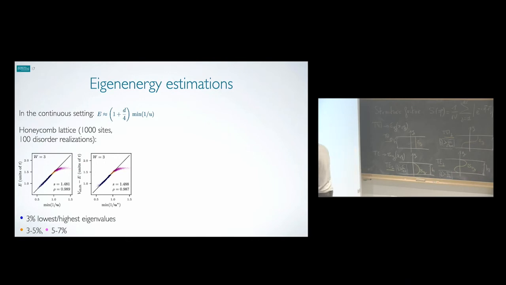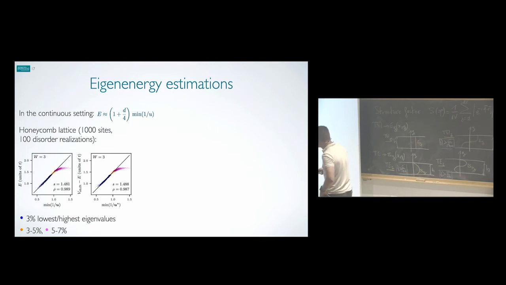So here I plot the minima of 1 over u for low energy, of 1 over u star for high energy, versus the eigenvalues. In blue is for the 3% lowest eigenvalues and minima, in orange for the tier between 3 and 5%, and in pink between 5 and 7%.